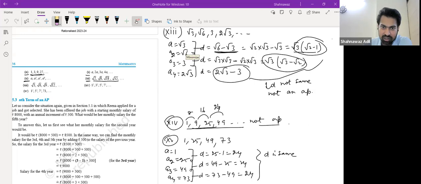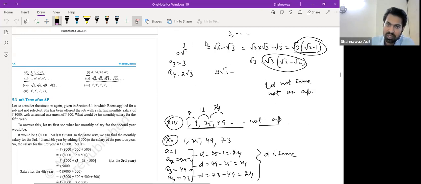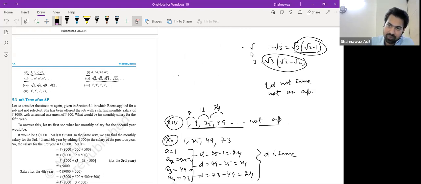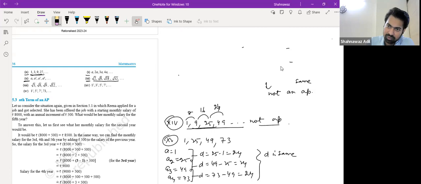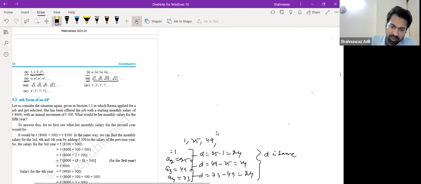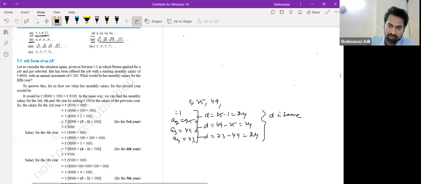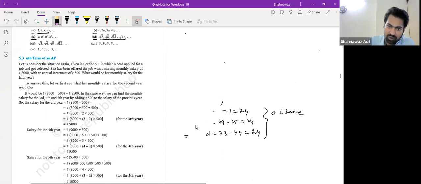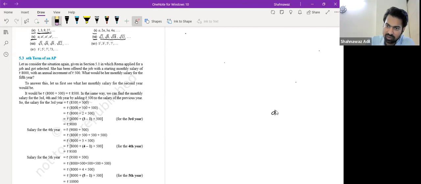Done. Okay, so the next exercise is about this general term or the nth term, right? You know that already, so we will directly go to the question part because we know already that we can find out any general term with the formula, and which is this.